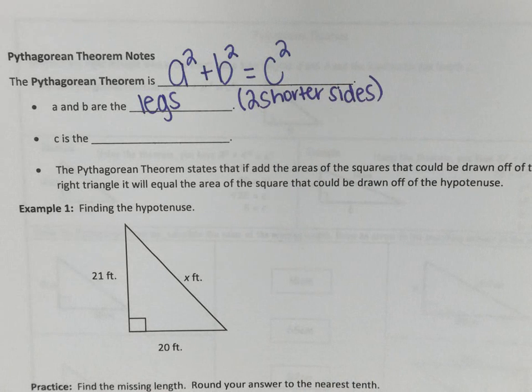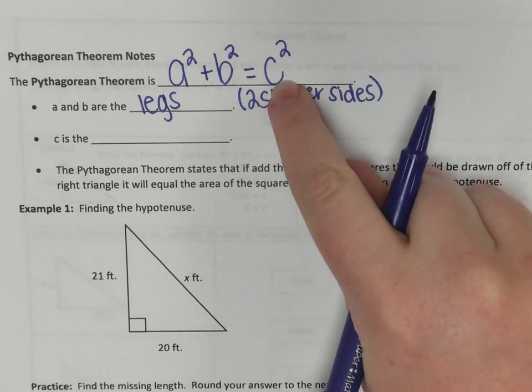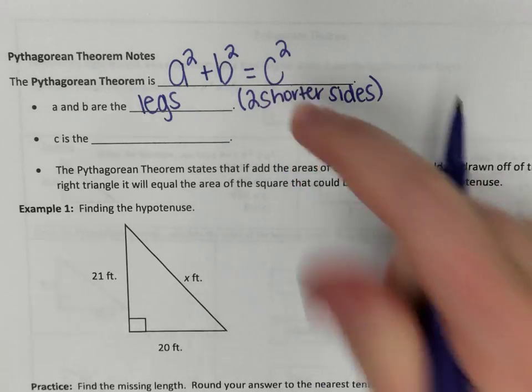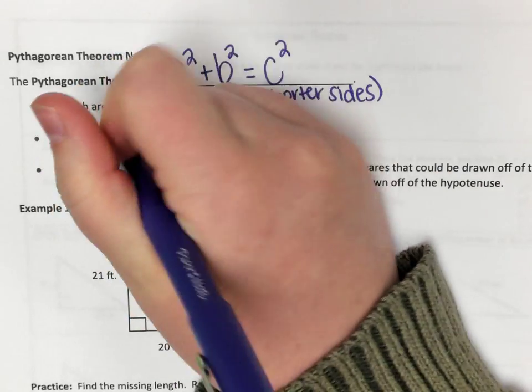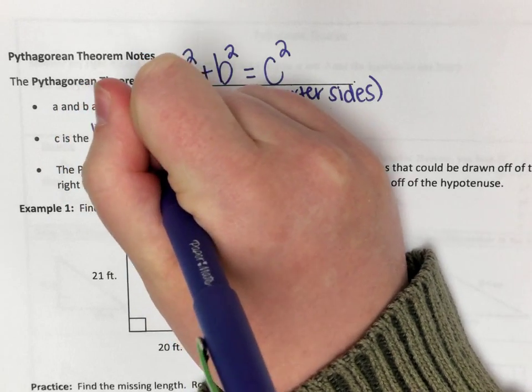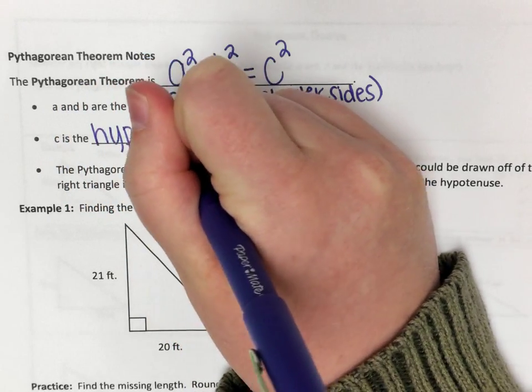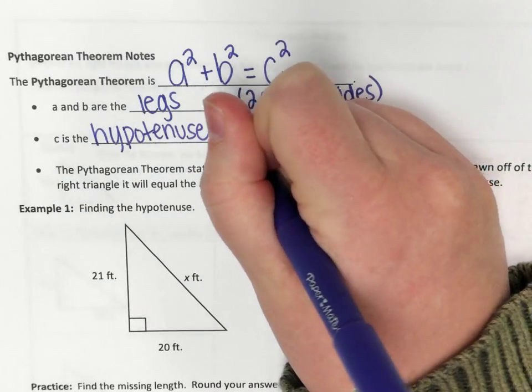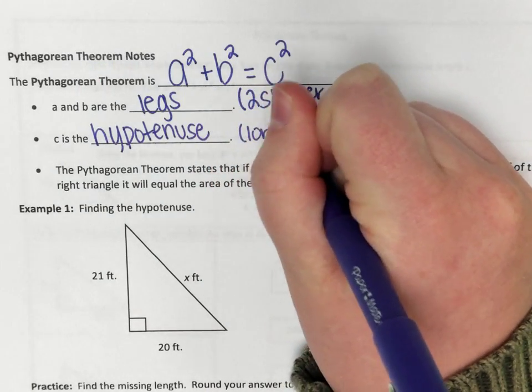Not the hypotenuse. They meet at that right angle. Very good. So the legs meet at the right angle. And then if those two are the legs, then C is the longest side, which we call the hypotenuse. So this is the longest side.